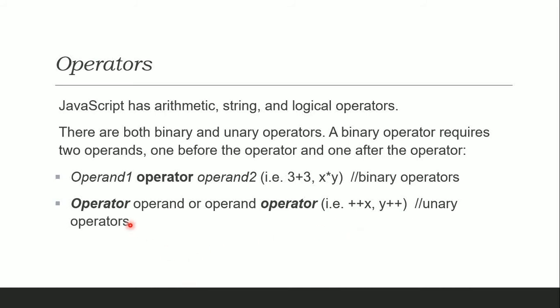Like in this case, we have one operand, another operand, and then there's an operator here. Now in this case, this operator can be an arithmetic operator, meaning a plus, for example, or a multiplication or a modulus or something like that. Meaning that this operator and operands make up an expression.